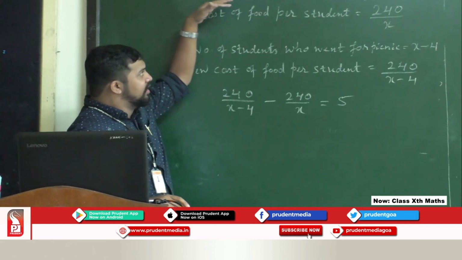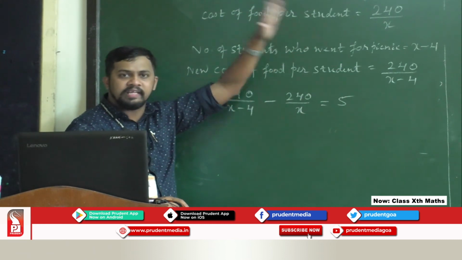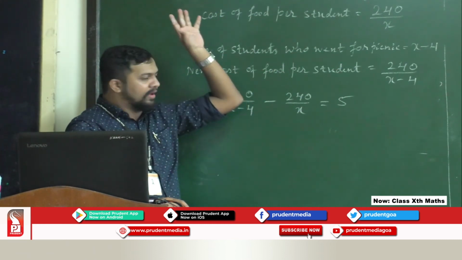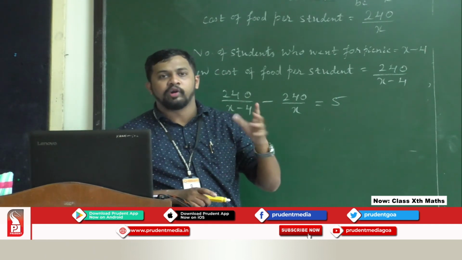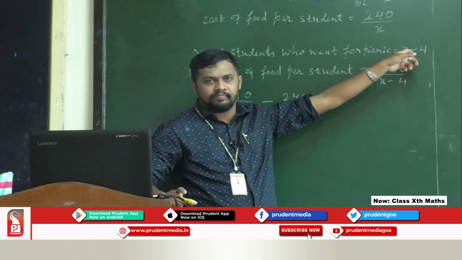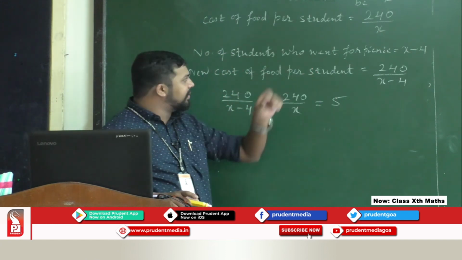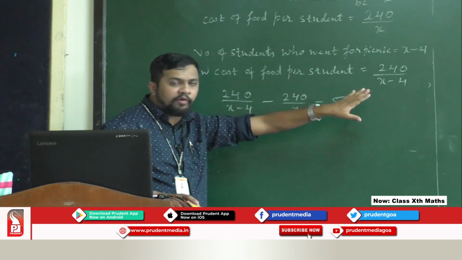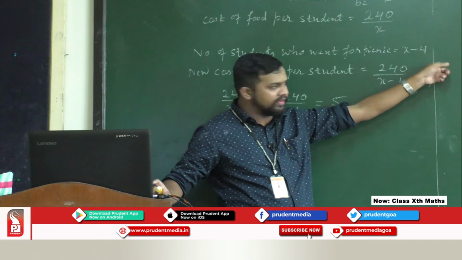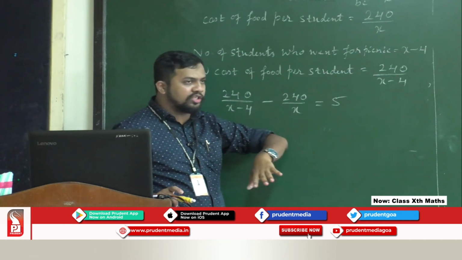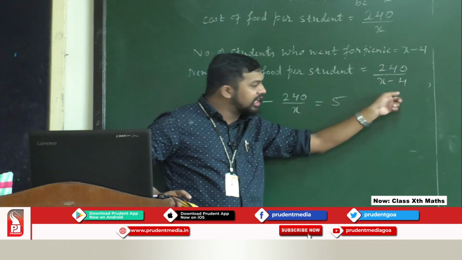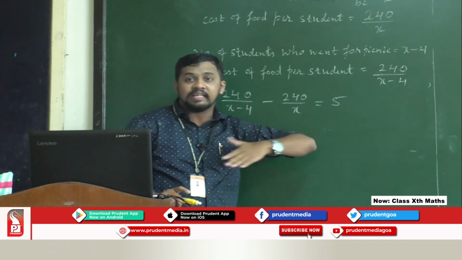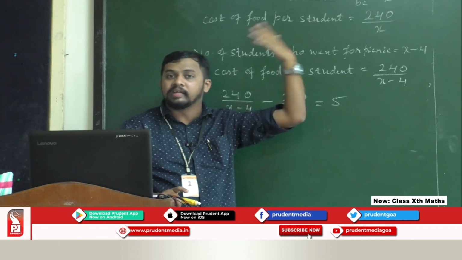So is it clear what this is? The students who arranged the picnic were x. They made a budget of 240 and said everyone has to contribute 240 by x. Suddenly 4 are not coming, so those going for the picnic are x minus 4. That time the cost also changes, 240 by x minus 4. The students are decreasing, so obviously the cost will increase.